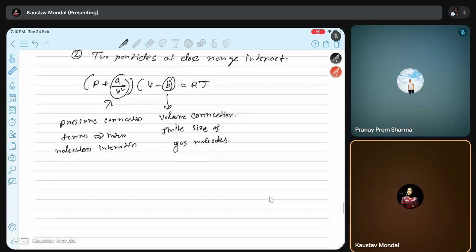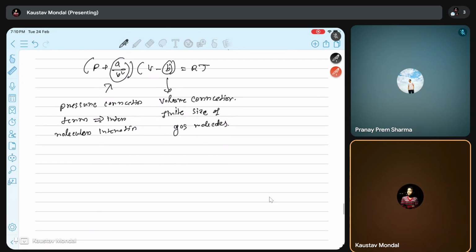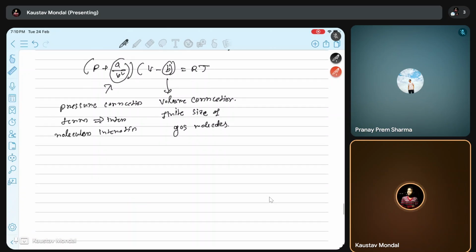Van der Waals also derived the expressions of a and b, mathematically calculated. Let's start from the volume part.